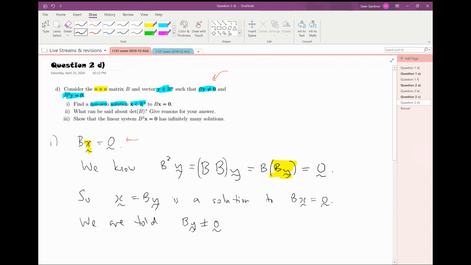So yes, by, which is an n by n matrix times an n by 1 matrix, will indeed give me an n by 1 matrix. Okay, so all the conditions I needed to satisfy are satisfied. I found a solution to this thing, bx equals 0, that is not 0 itself and is in Rn.